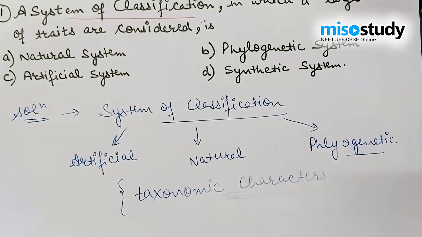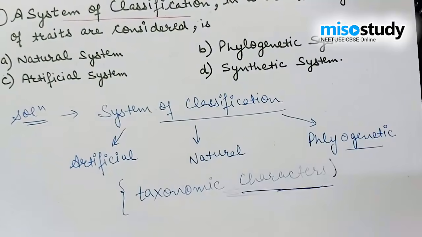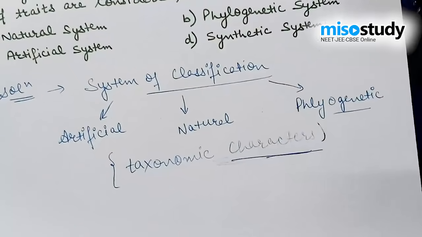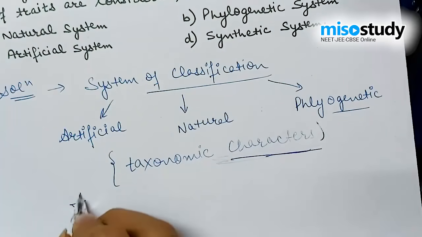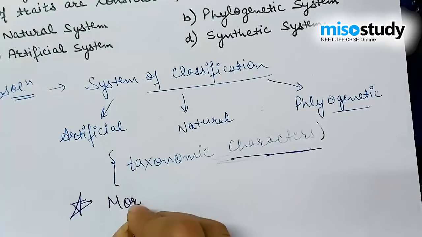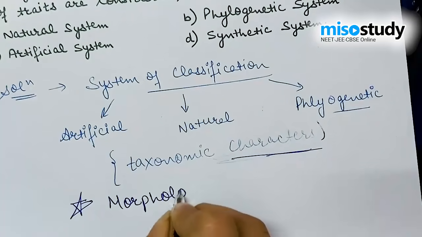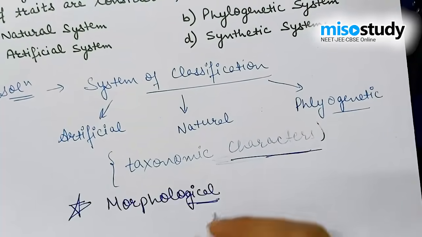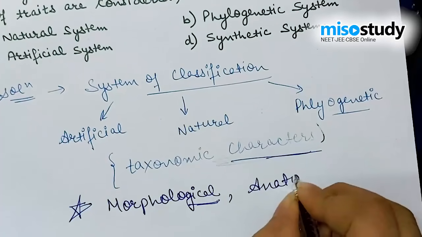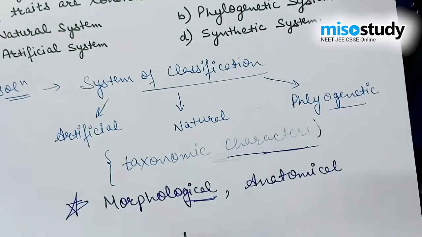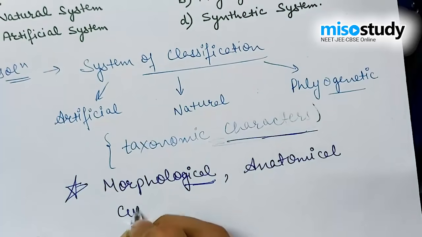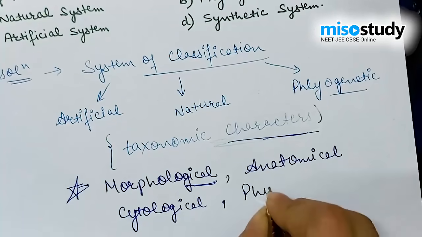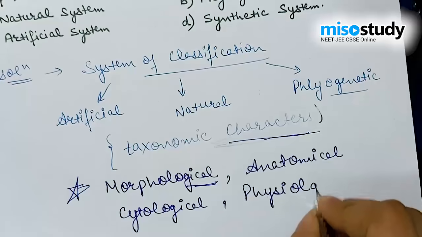When we discuss these taxonomic characters, there are generally a few kinds. These characters are morphological, anatomical, cytological, and last one is physiological.